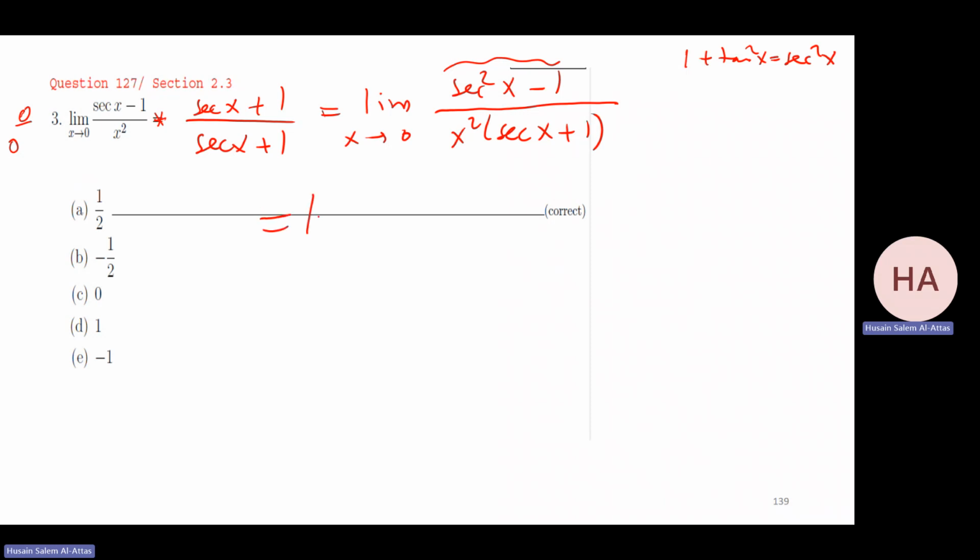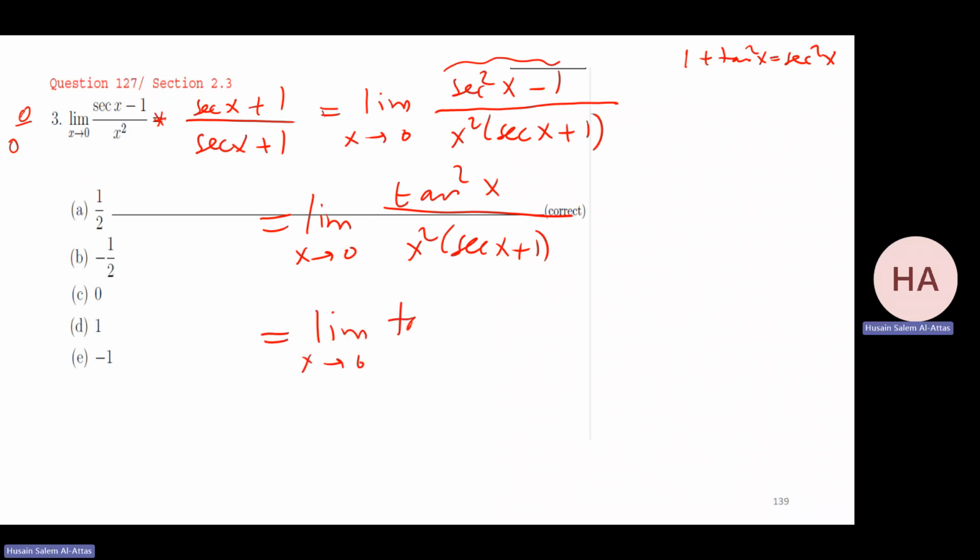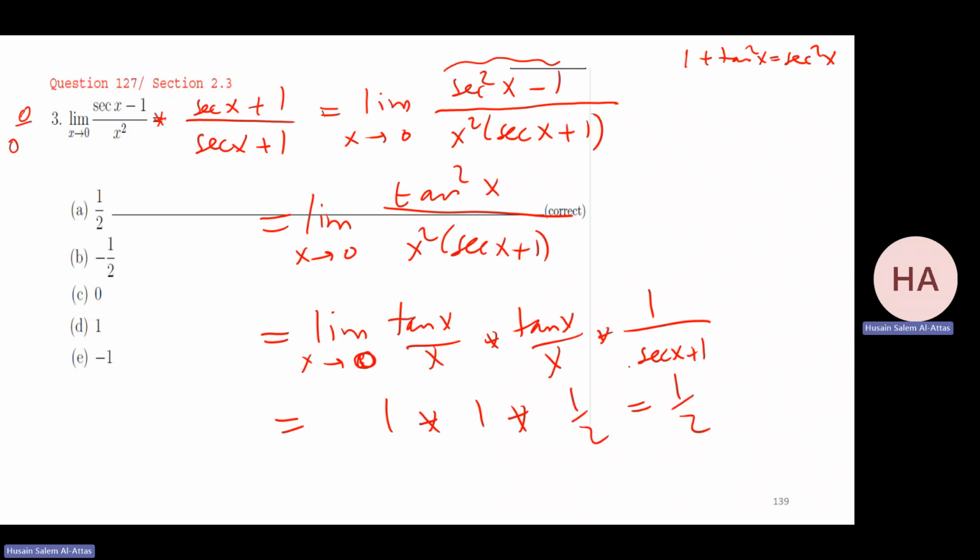So the numerator is tan squared over x squared times (secant x plus 1). Or you can make it a special limit, tan x over x, tan x over x, times 1 over secant x plus 1. This is 1, this is 1, this is just substitution. 1 over 1 plus 1, so it's half. So this will be half.